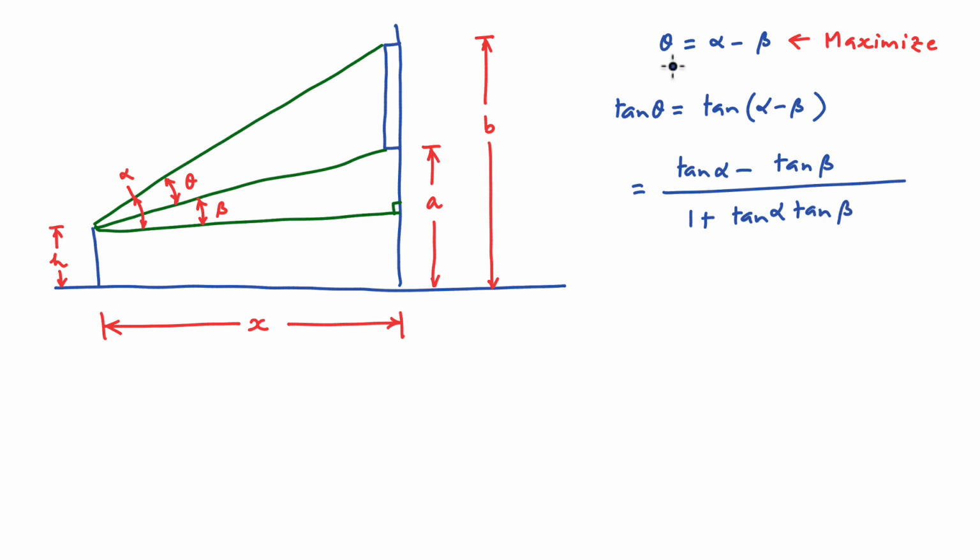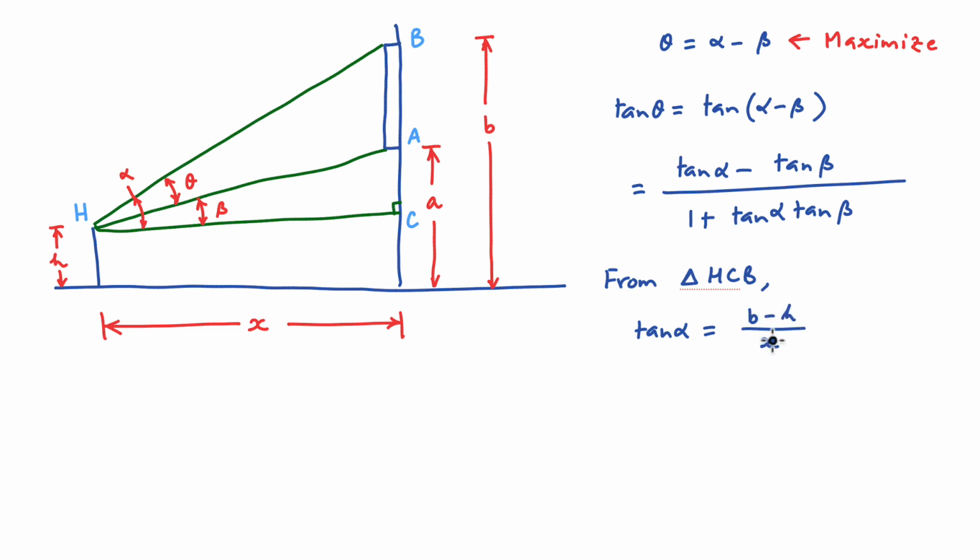Now, if we define the bottom of the painting as the point A, the top as the point B, the eyes of the observer as the point H, and the horizontal line through H meeting the wall at the point C. So, from triangle HCB, which is a right angle triangle, we get tan alpha equal to b minus h divided by x.